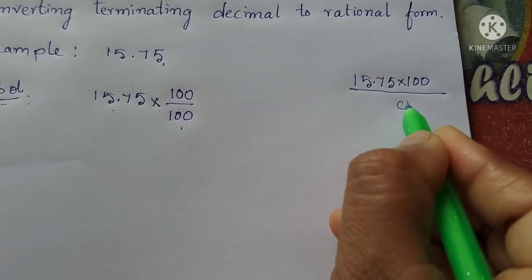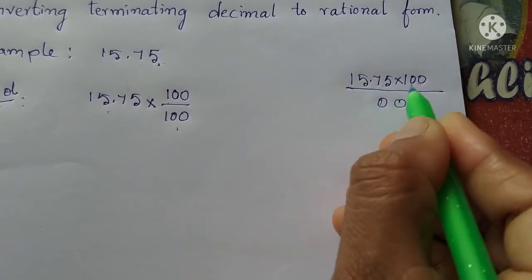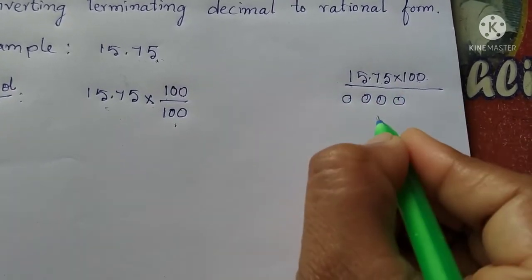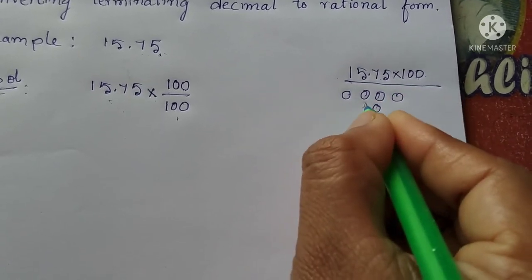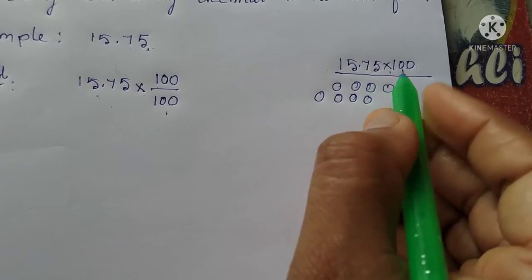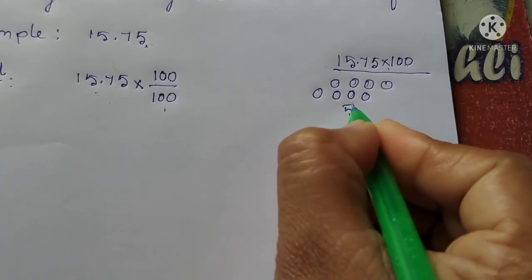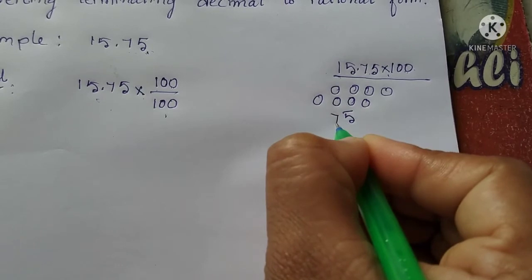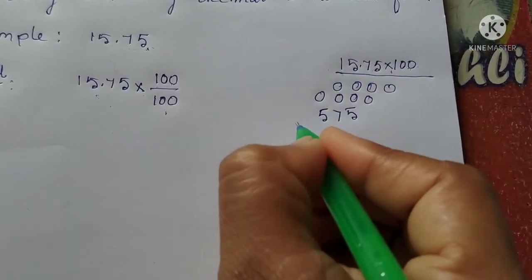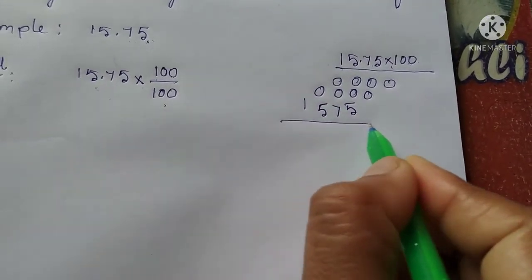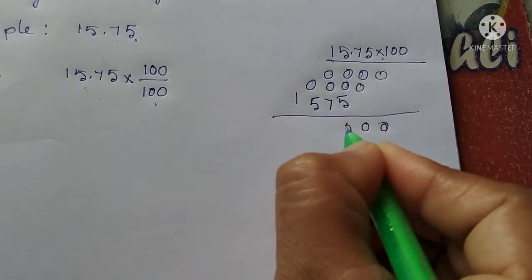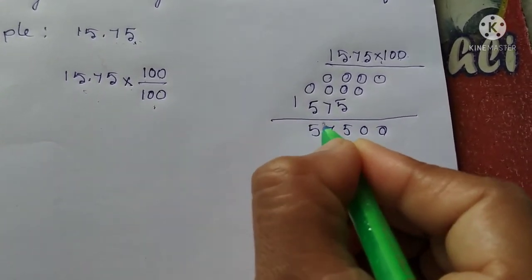Do the multiplication: 0 5s 0, 0 7s 0, 0 5s 0, 0 1s 0. Next, 5 1s 5, 1 7s 7, 1 5s 5, 1 1s 1.